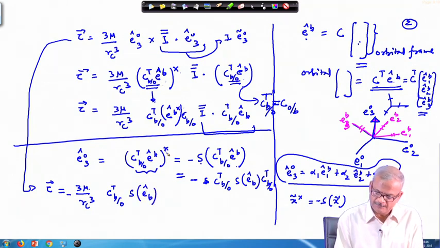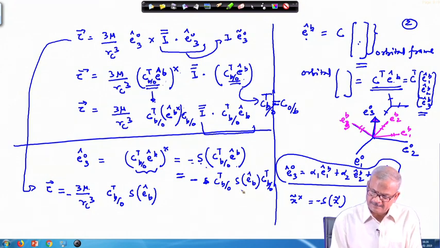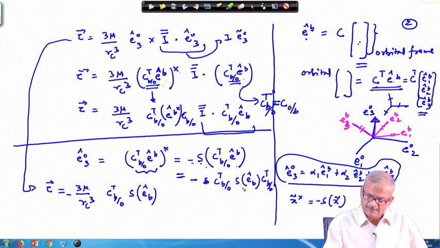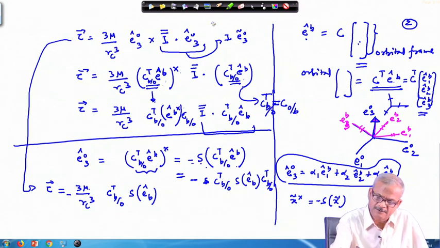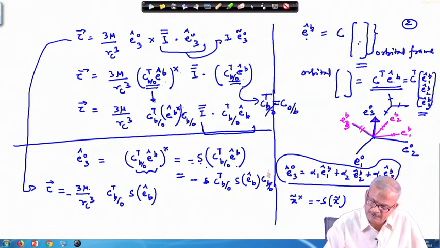The cross notation we are not using. Once we have written it in this form, it will be written like this, and this can be reduced to this format, and this can be checked. You can see that if C transpose B slash O is an identity matrix, on the right hand side this transpose is not there.